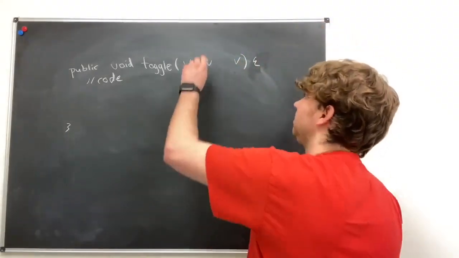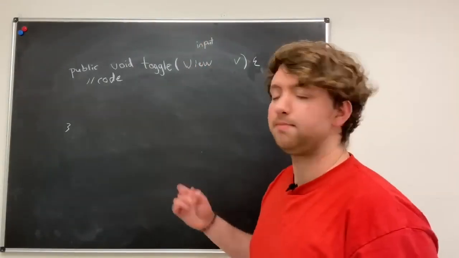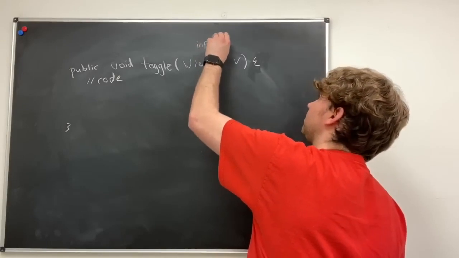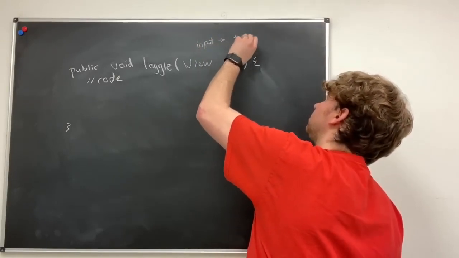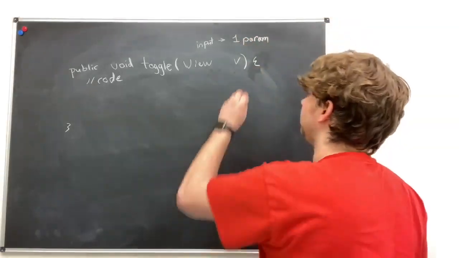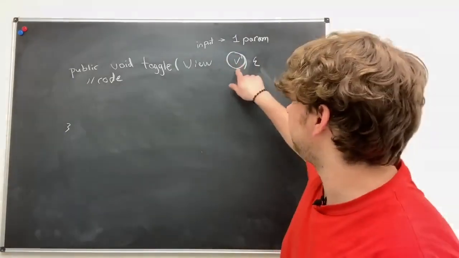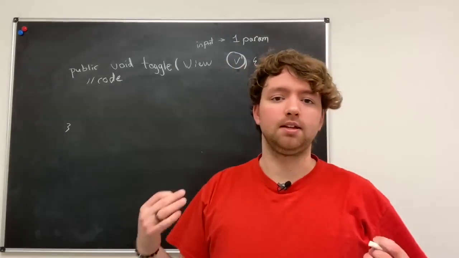Now this here, again, is the input, and the technical term for it is a parameter. So we have one parameter, and that one parameter is called V. So the identifier, or the name of this parameter, is V. And what exactly is this?